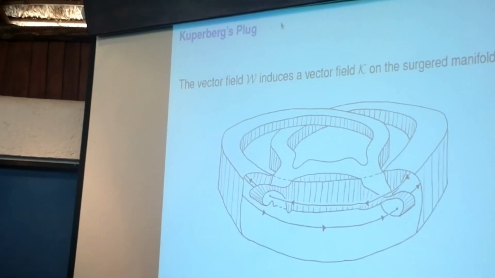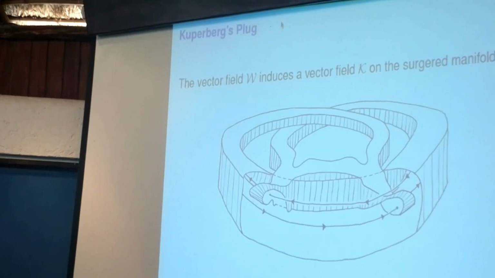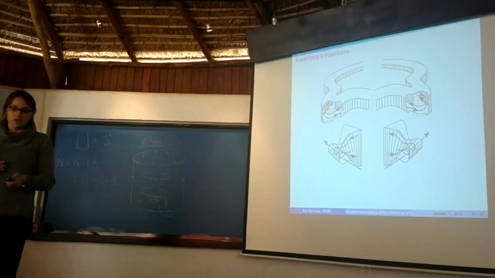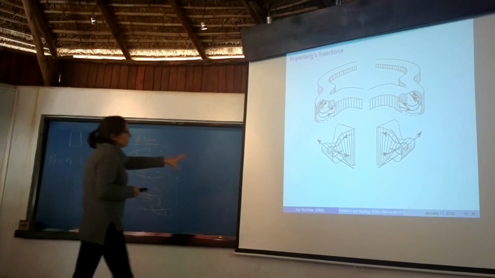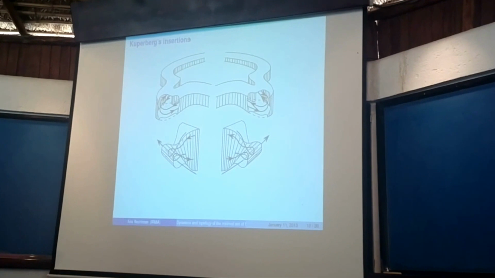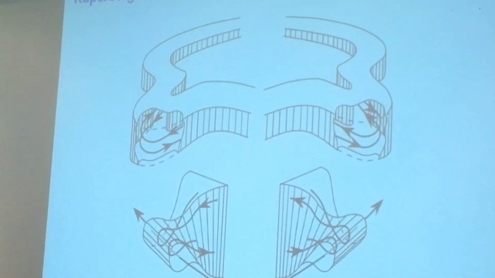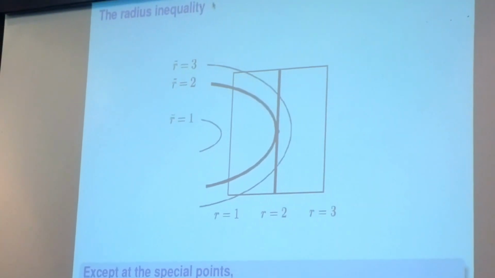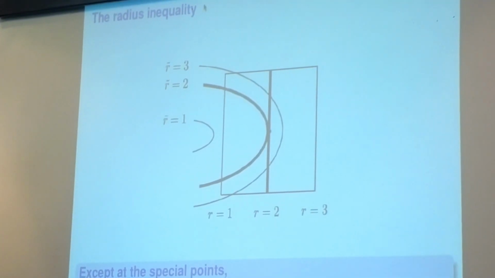It has to be proved. And the other thing is that this plug has no periodic orbits. So this is how the flow looks inside the insertions. And there's one condition in the construction that we need to prove the periodicity.